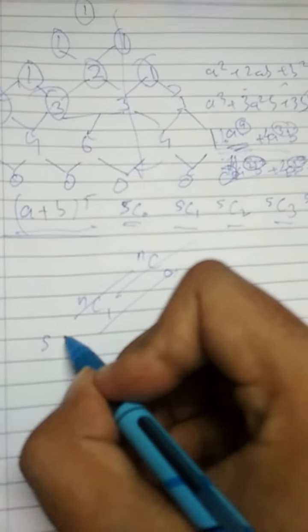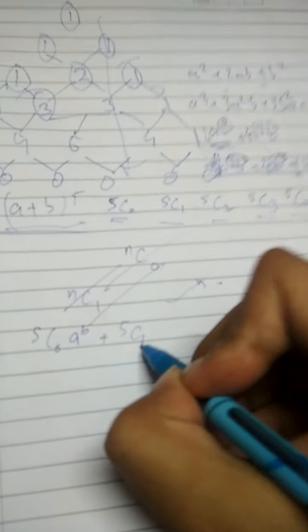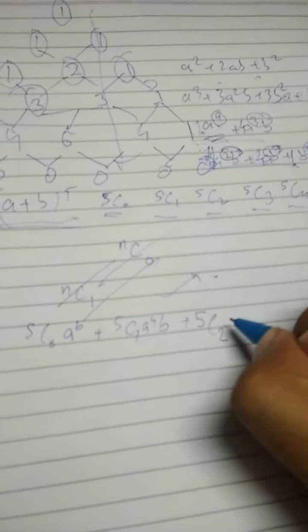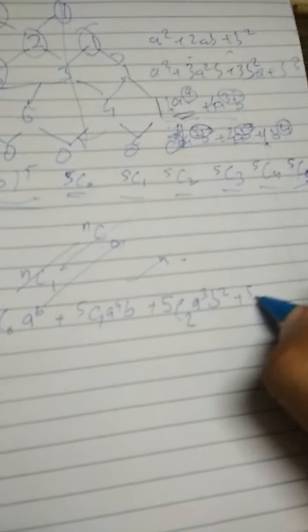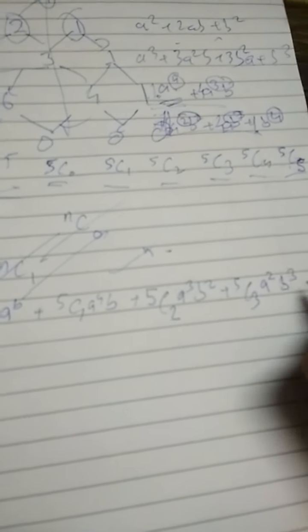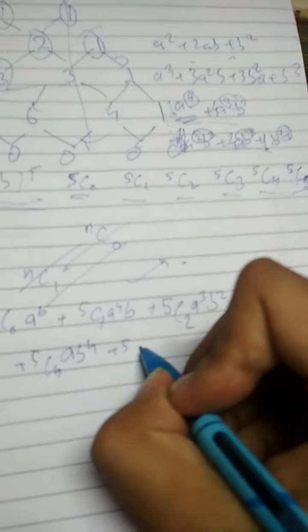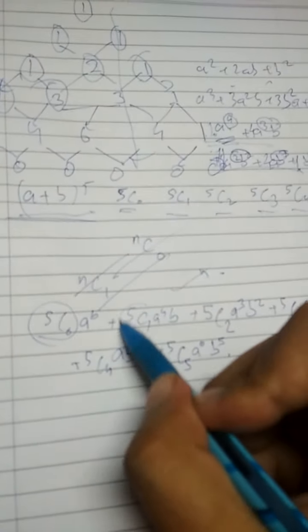So it is 5C0 a^5 plus 5C1 a^4 b plus 5C2 a^3 b square plus 5C3 a^2 b cube plus 5C4 a b^4 plus 5C5 a^0 b^5. So we can find the coefficients using this.